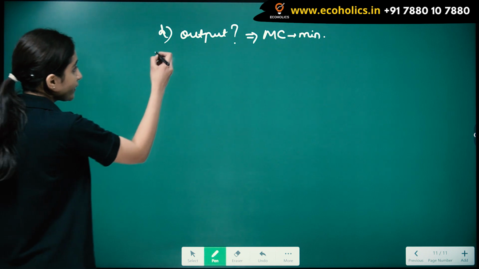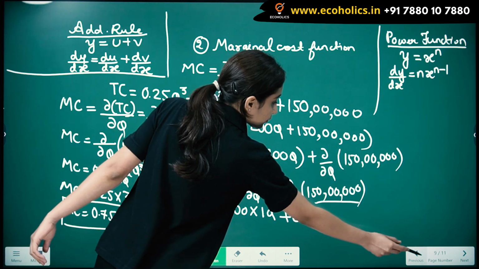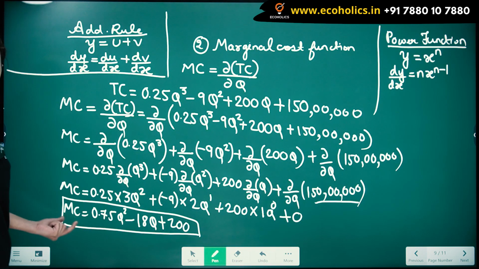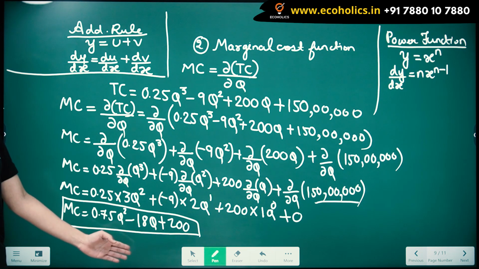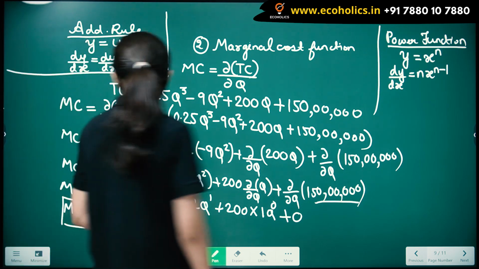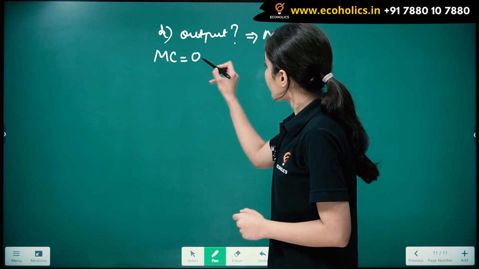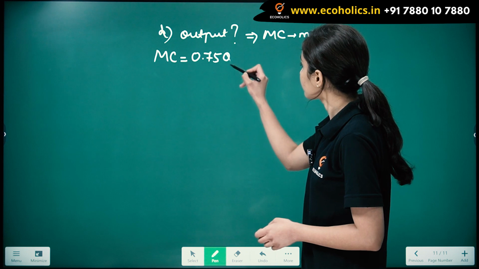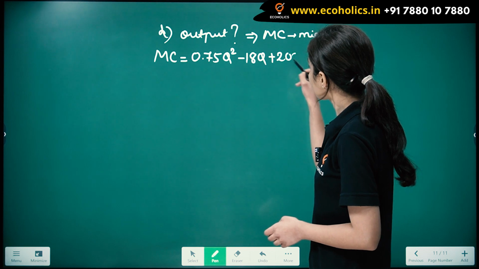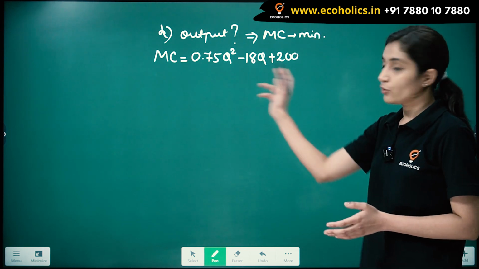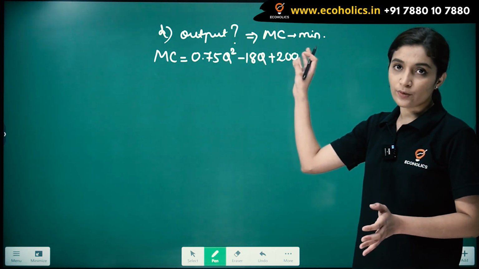But before that, we have seen that our marginal cost function is equal to 0.75 q square minus 18q plus 200. So this was our marginal cost function. Now we need to find the output level at which our marginal cost function will be minimum.